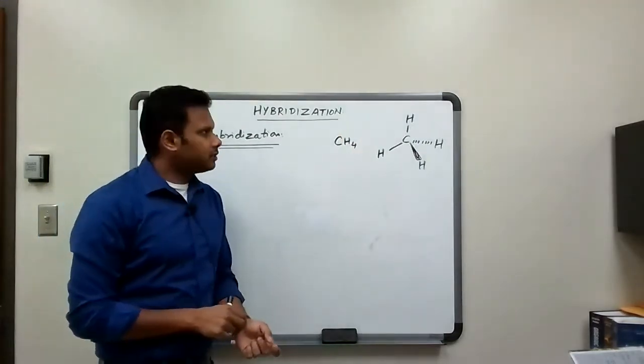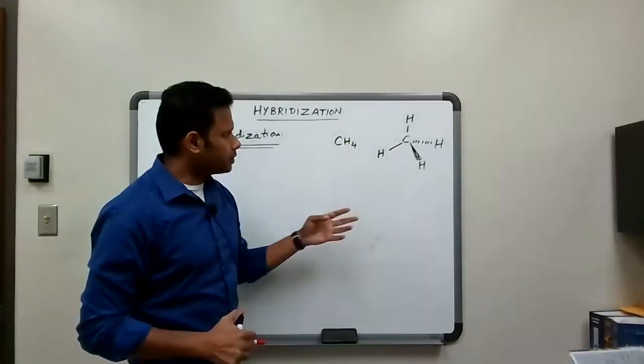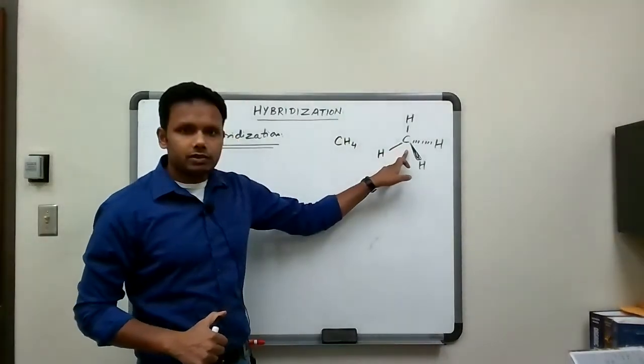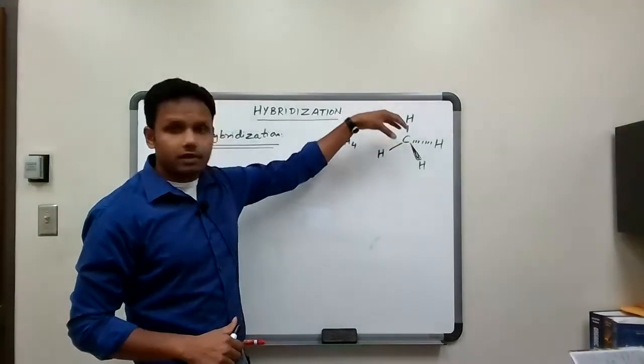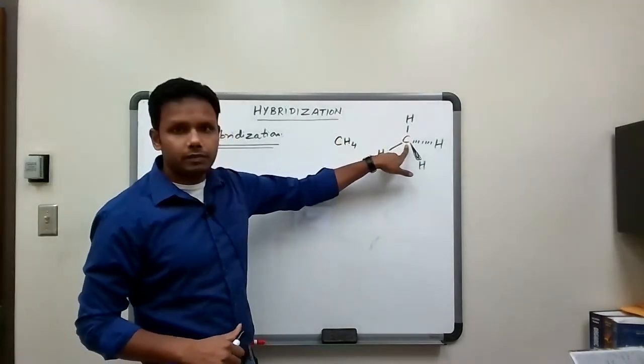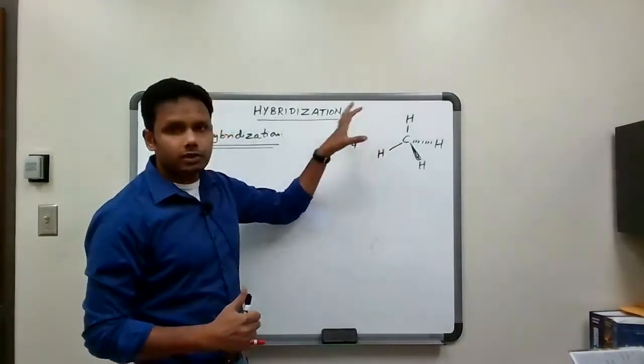Let me explain some aspects of the way I've drawn this structure. This structure is representing the bonding around that carbon in 3 dimensions. That's what I'm trying to capture here.